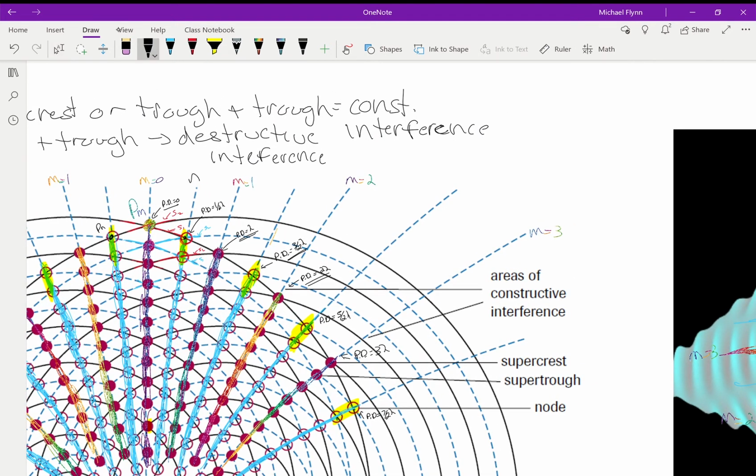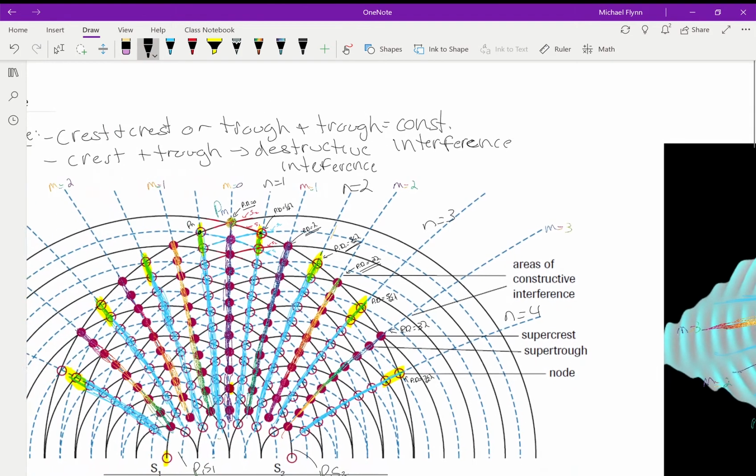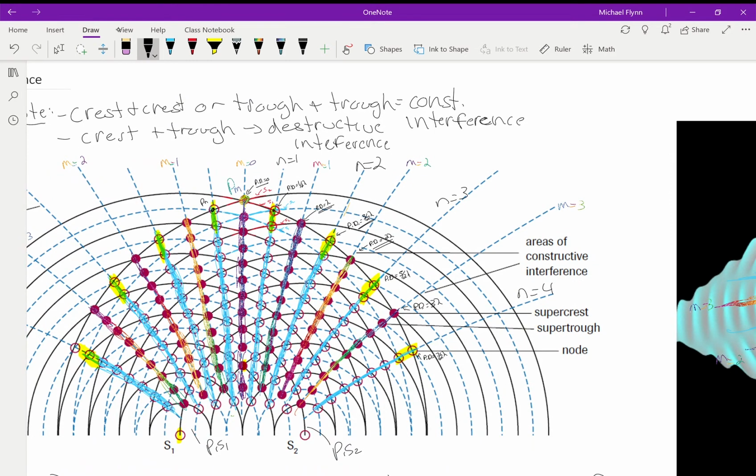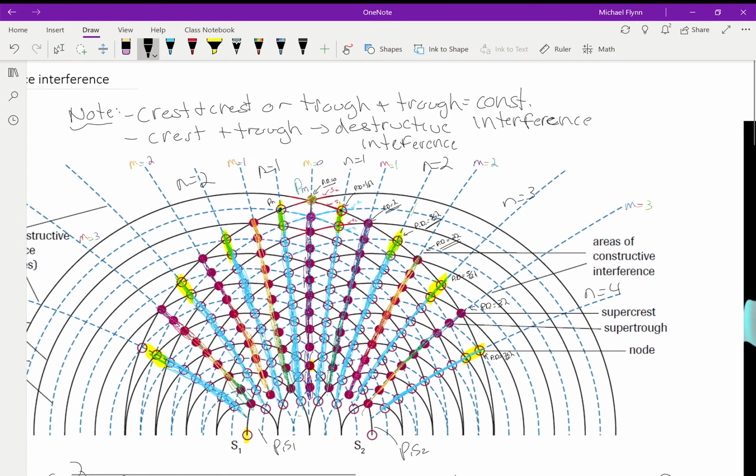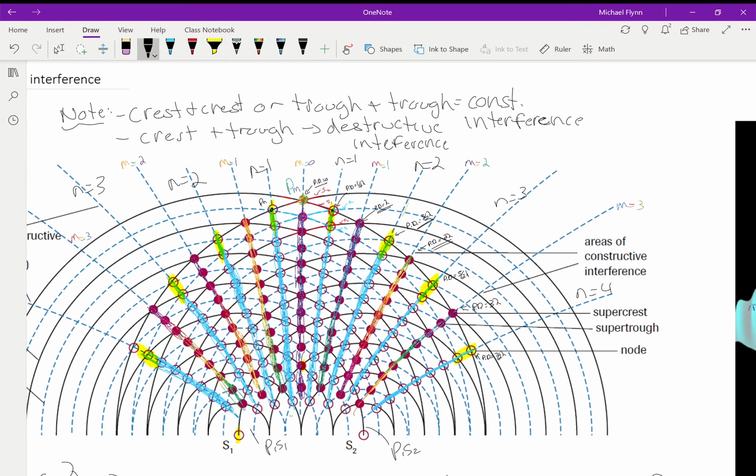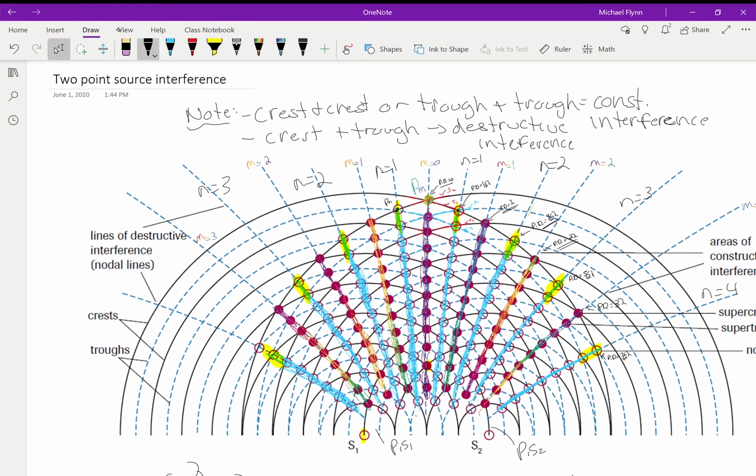The first nodal line is n equals 1 right there, n equals 2 right there, n equals 3 on that one, and here we have a fourth one, n equals 4 right there. And here n equals 1, n equals 2, n equals 3, and n equals 4 on that last line of destructive interference.